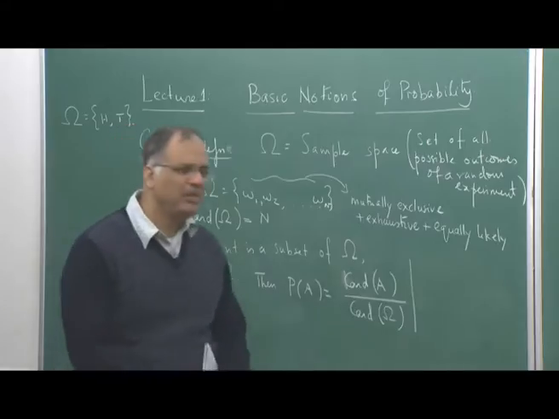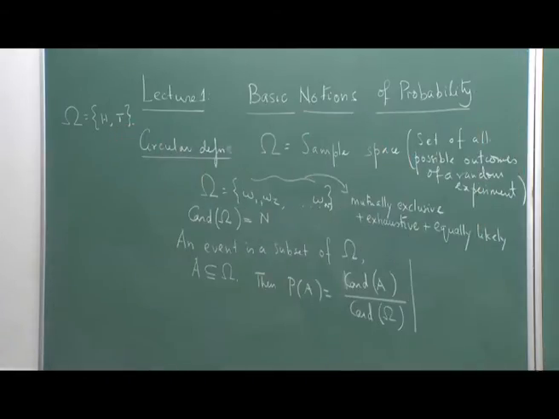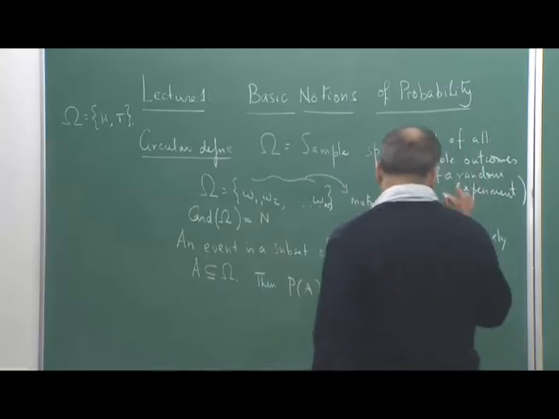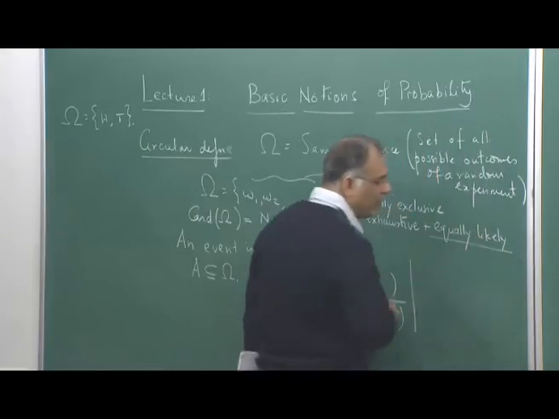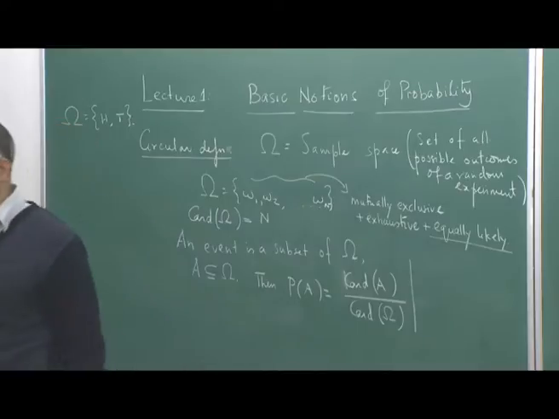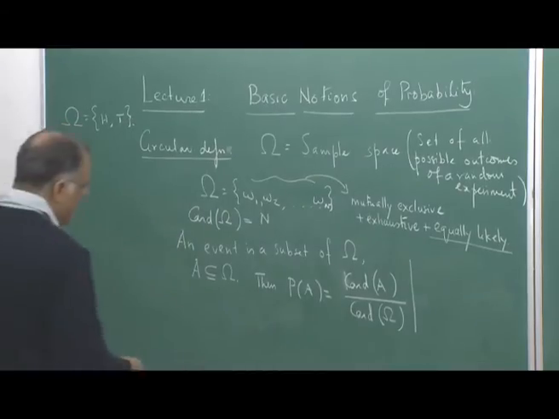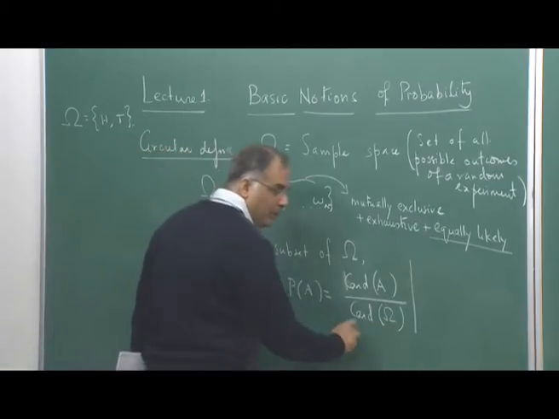Equally likely simply means that you are assuming that all of them can occur with the same chance. So, you have actually assumed tacitly the idea of probability within the definition of probability. So, you cannot consider this as a foolproof definition of probability.